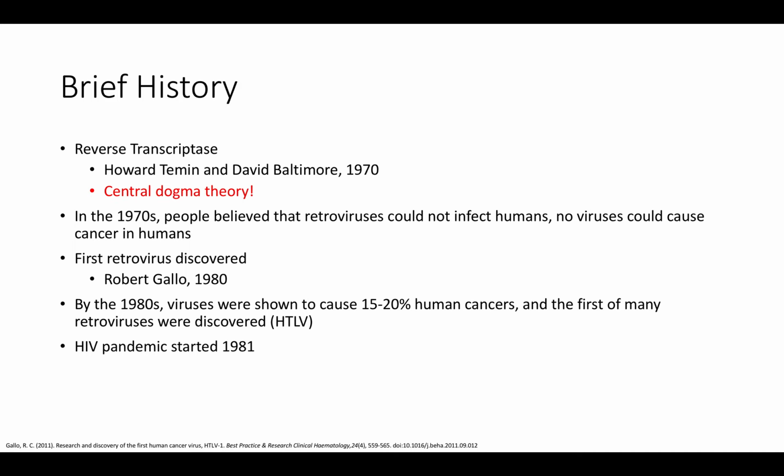However, still in the 1970s, people believed that retroviruses, one, couldn't infect humans, but then two, more importantly, that no viruses could cause cancer in humans.